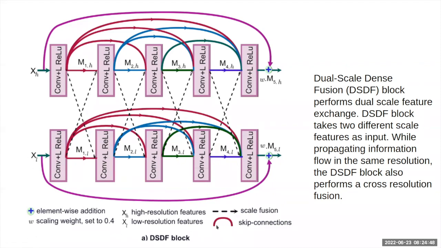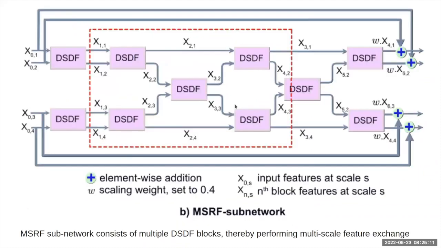One interesting moment here is the skip connections, which are responsible for this fusion. It produces fused feature maps that allow us to have the multi-resolution output eventually. All right, can you please go next?